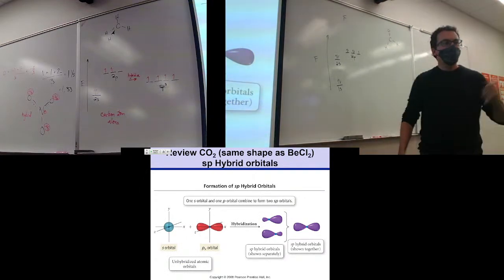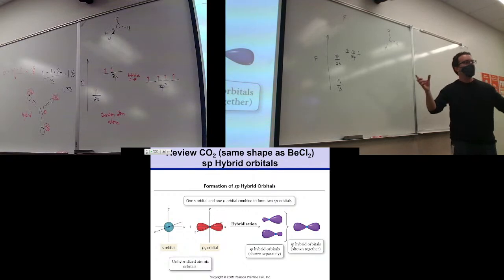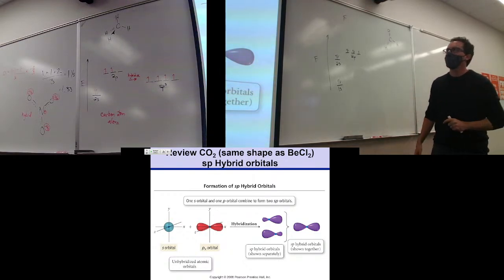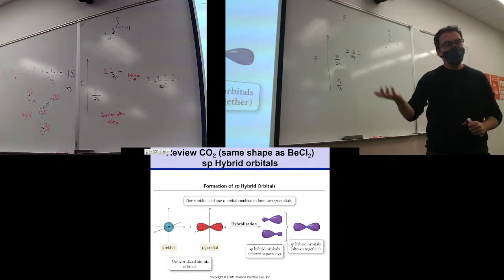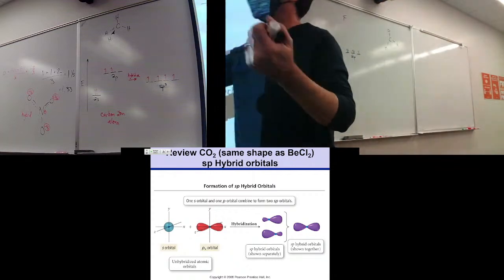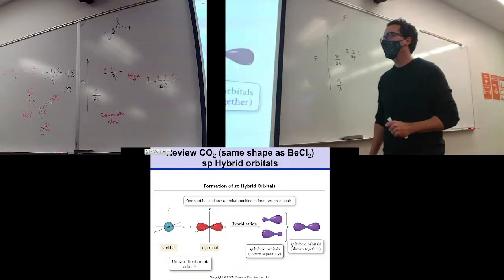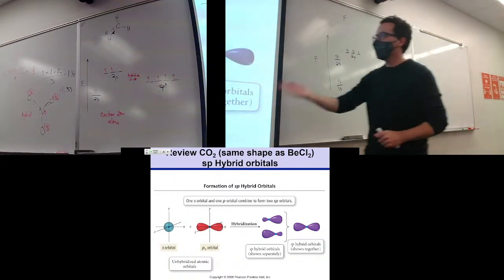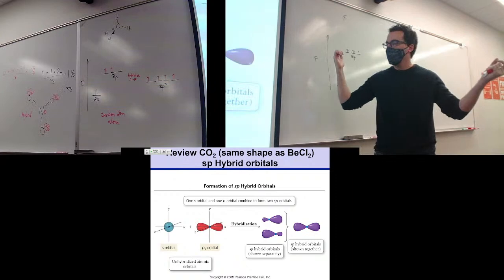So next shape, linear. So linear, like not 2 atoms, but 3, like carbon dioxide or something like that. With linear shapes, it's sp hybridization. sp meaning 1 s, the only s, and 1 p orbital only mixed together. And if you mix together 2 orbitals, you get 2 hybrid orbitals, and they coincidentally point opposite directions.